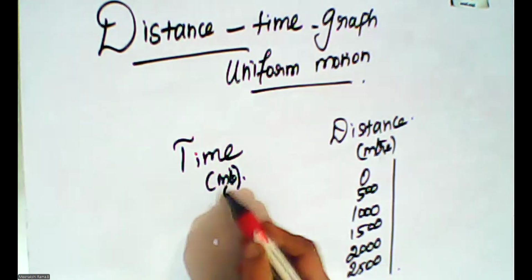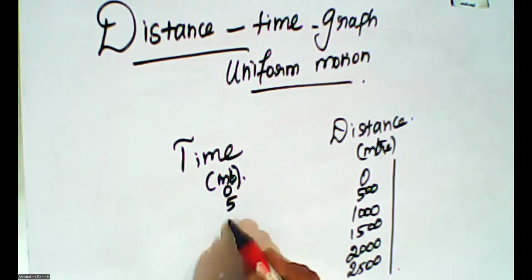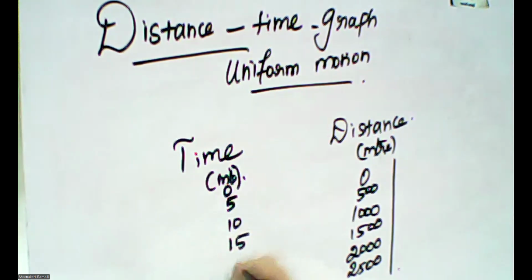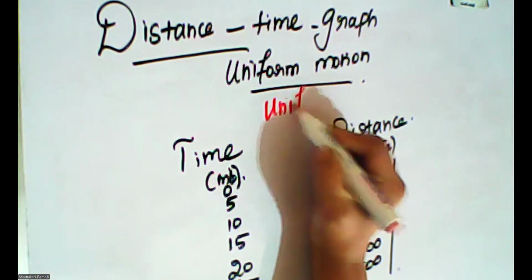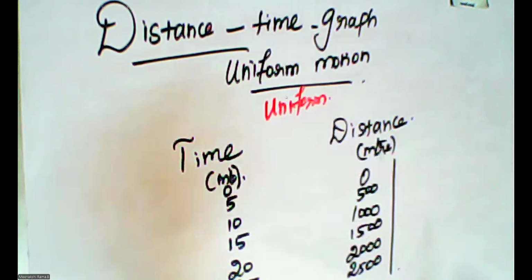So 0th minute, 5th minute, 10th minute, 15th minute, 20th minute, and 25th minute. In the 5th minute he crossed 500 meters, 10th minute 1000 meters. So this is a very good example graph for uniform motion.